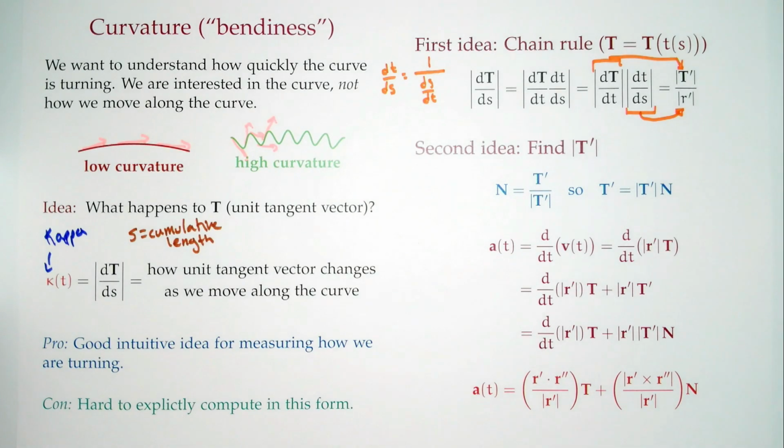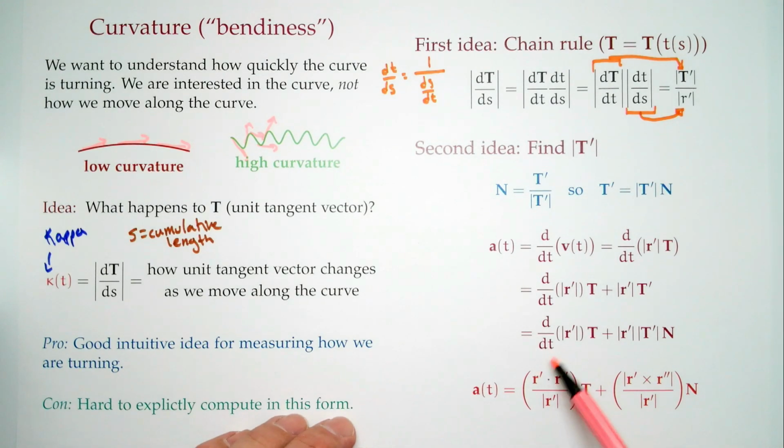The second part is a cross product, r prime cross r double prime. And then, of course, both terms are being divided by the magnitude of r prime. Now, here is the fun can-you-match-stuff-up game. And the answer is, yeah, we can match stuff up.